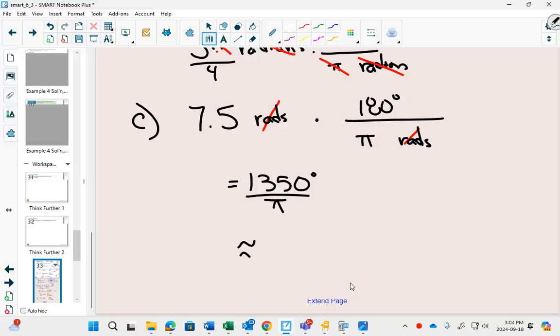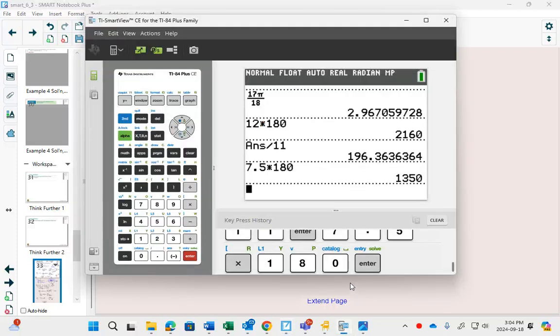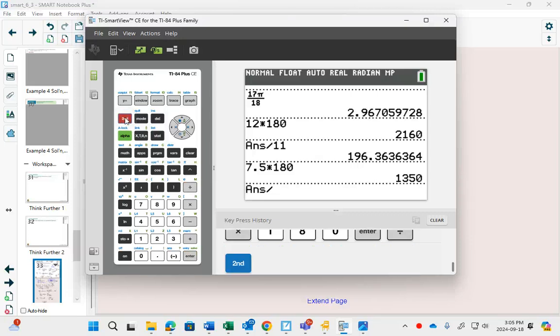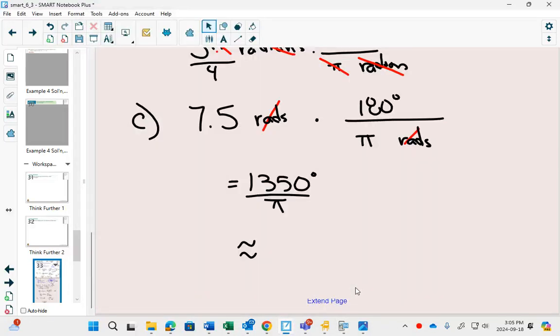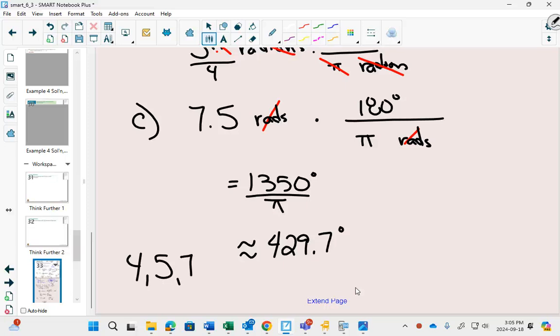If it asks me to round, which I think it does, to the nearest 10, divide by pi, 429.7. Excellent. And your questions for practice on this one are 4, 5, and 7.